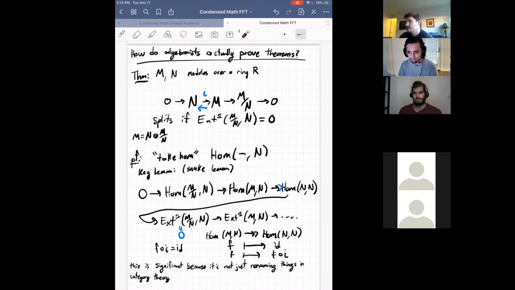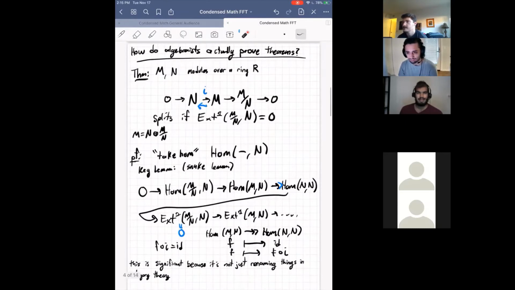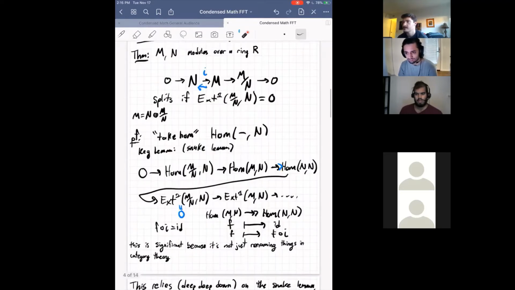Whereas in a lot of parts of proofs in algebra, it'll be just reinterpreting various terms in category theory as other terms in category theory, and then the thing that you wanted to prove becomes obvious after you've reinterpreted it. And so this method, this trick, is pervasive. It's all over the place in algebra.